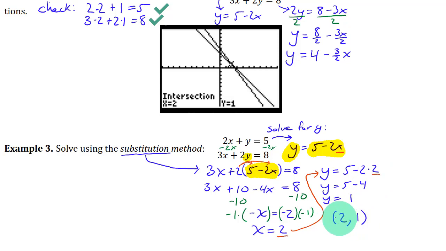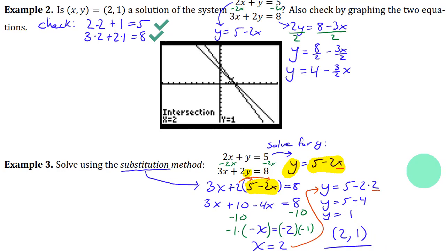And fortunately, I already checked that result up here. We know that's a solution of the system. So yeah, that works. So that's the substitution method, is replacing one of the variables in one equation with an expression that you know is equal to that variable when you're talking about a solution that makes it true.